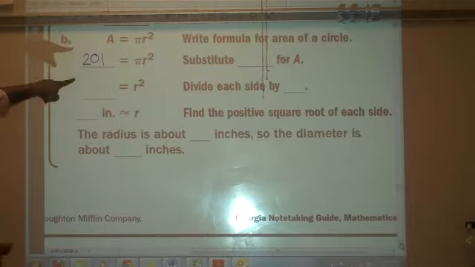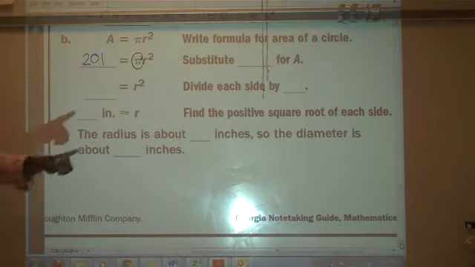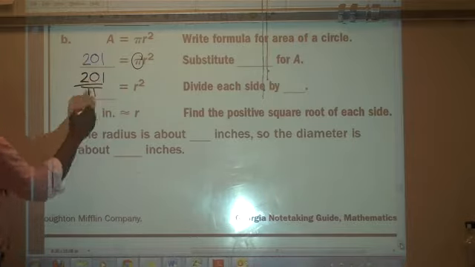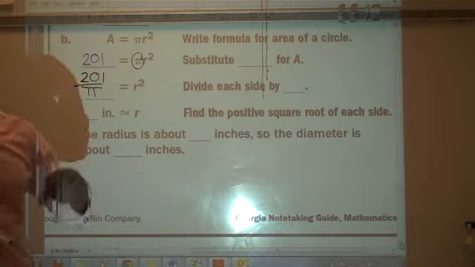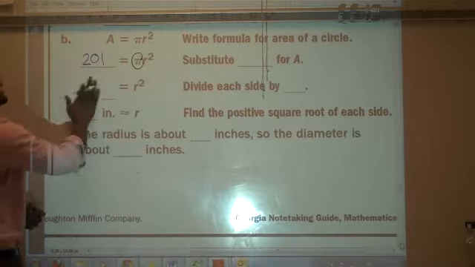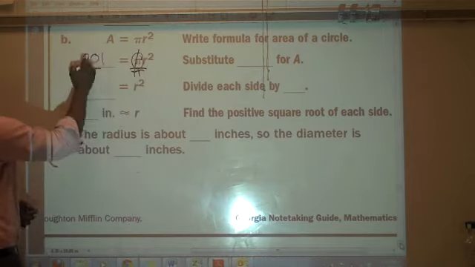Since I want to solve for r, I need to divide by what's being multiplied by r. I'm going to divide by pi on both sides. When I do that, the pi cancels on the right, and I have 201 divided by pi on the left.